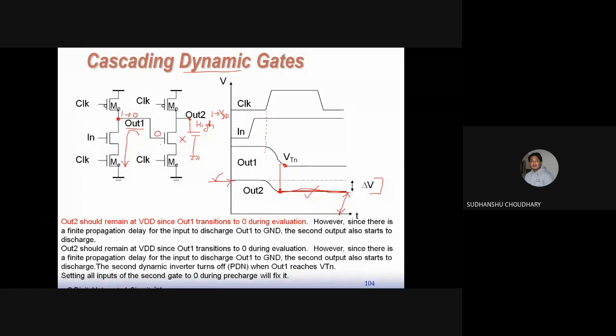That is, all inputs to the pull down network 2 are set to 0, and this is pull down network 2 over here. Then this problem can be overcome. If the input to this NMOS is set to 0, then it cannot discharge to this value, that is, delta V discharge is not possible. So this is one of the solutions.